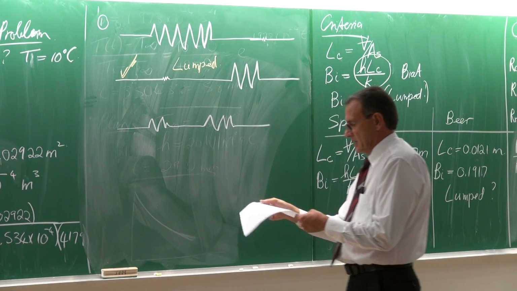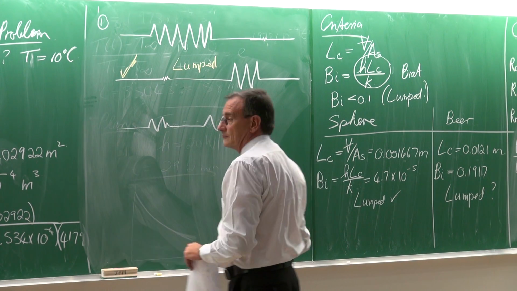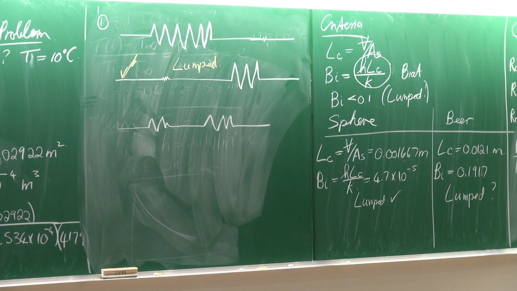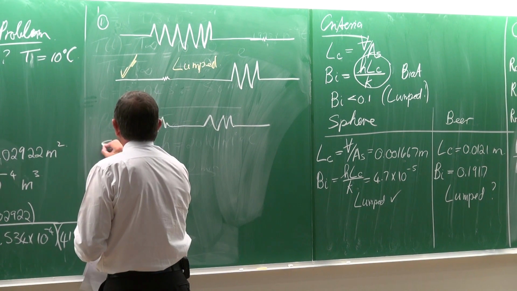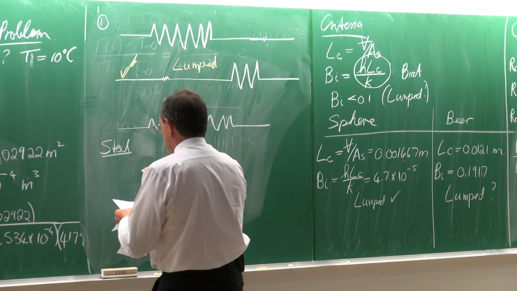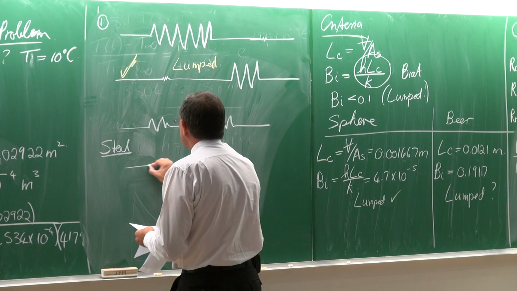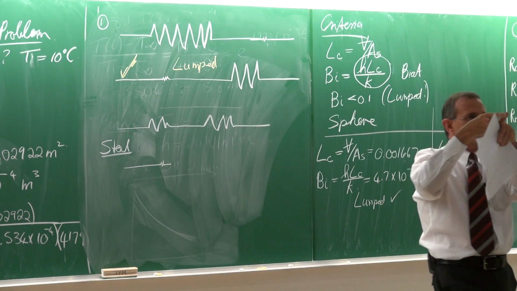Now just to give you an idea, I did go and calculate the resistances, you don't have to do it. I did it for these two cases. So for the steel sphere, just on a scale, let's suppose this resistance you can describe as 1 millimeter in length.